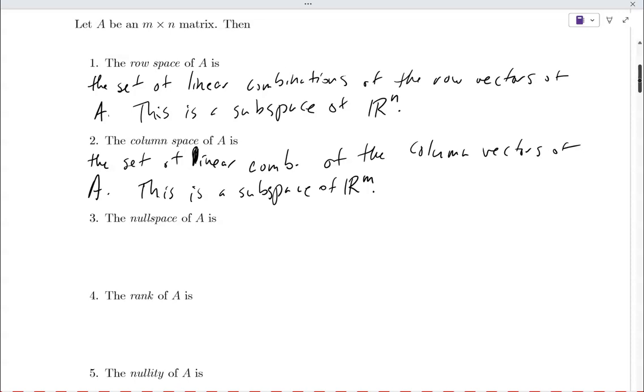The null space is one that we've already done. We just haven't called it the null space before. This is just the solution space of the associated homogeneous system.